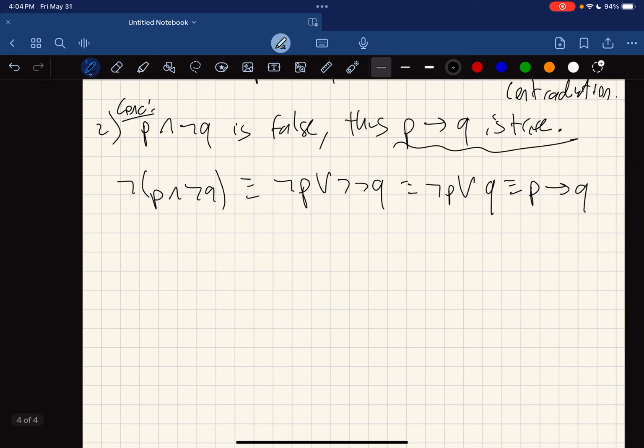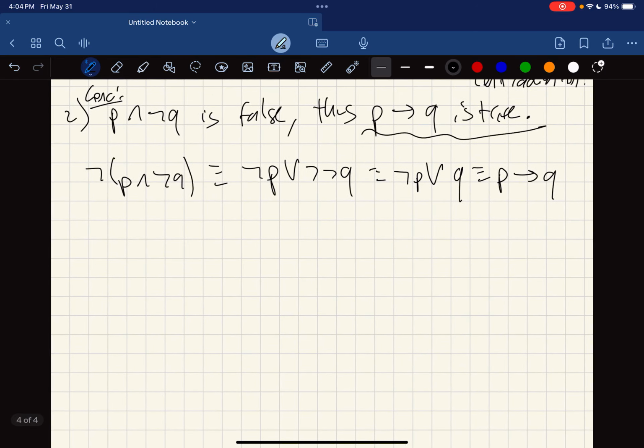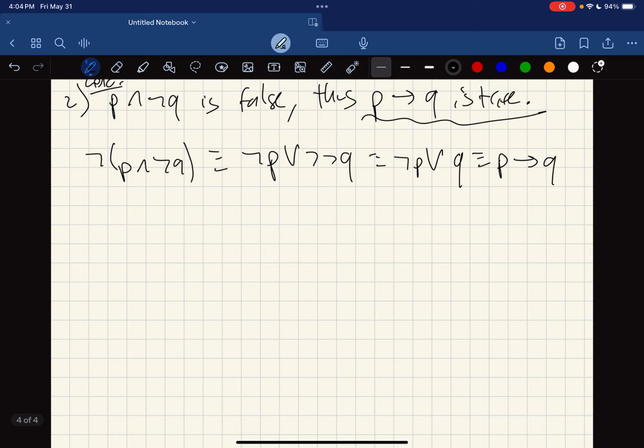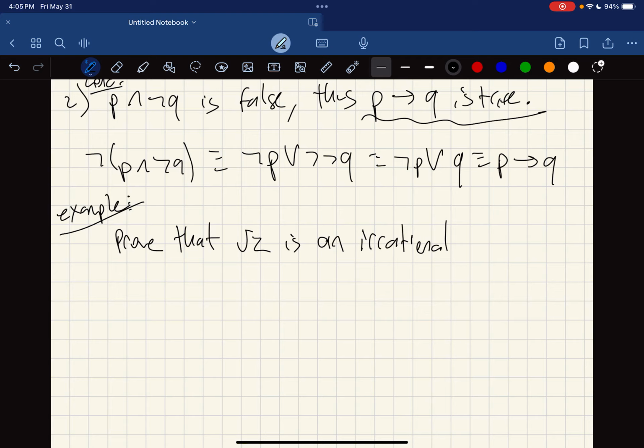So, an example, which is one of the most famous examples, we'll prove that root 2 is an irrational number.